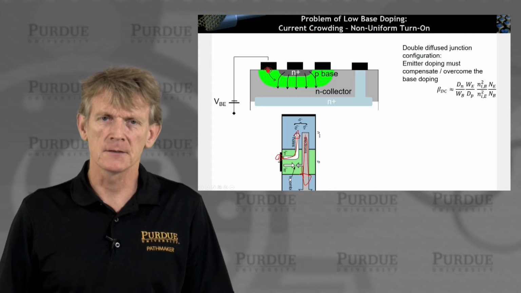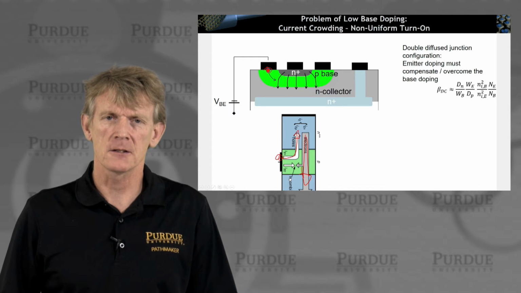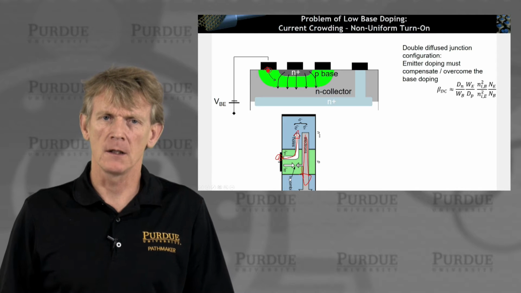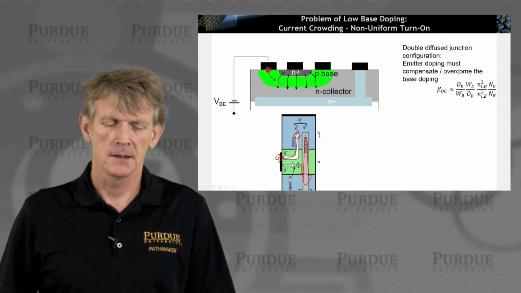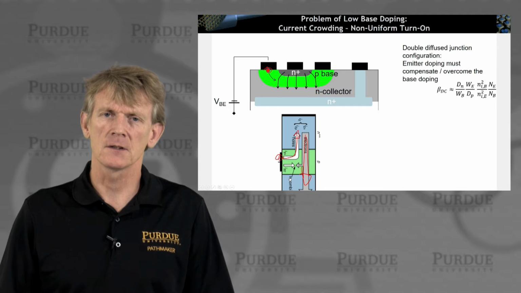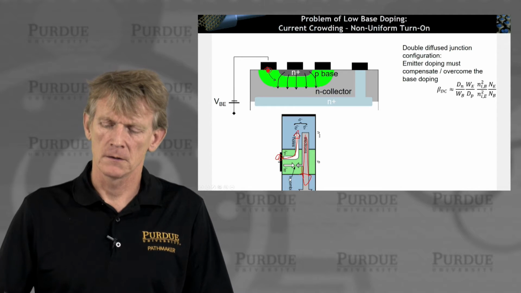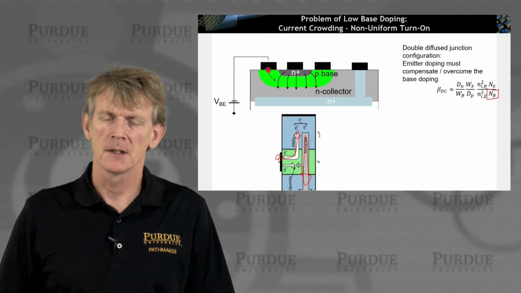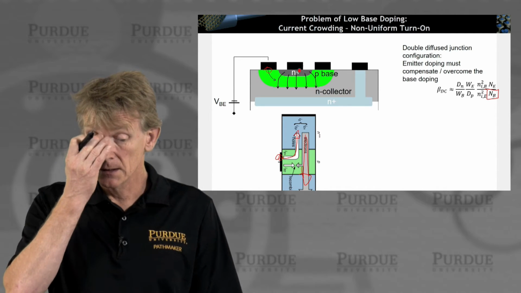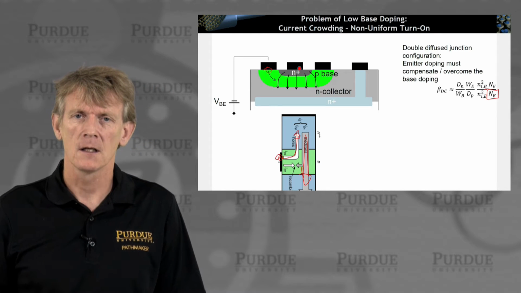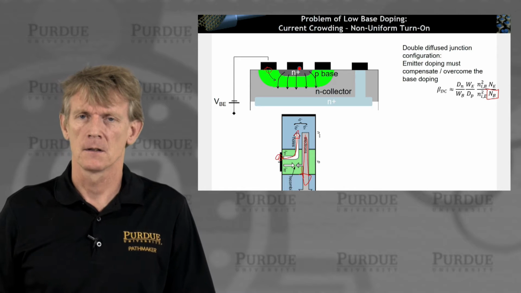You have electric fields in this junction, and if the doping in the base is very small, you will have not perfect conduction. So you will have resistive losses in this green region. So the simple recipe says reduce NB to get beta up. But if you do that, you make the flow of the holes from the base into the collector more difficult.